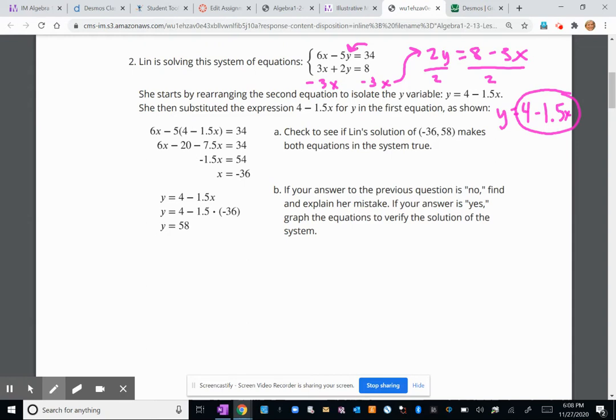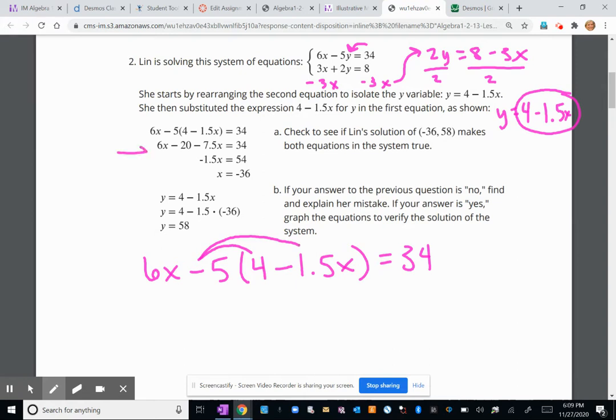So when she substitutes 4 minus 1.5x in, she has 6x minus 5 times 4 minus 1.5x equals 34. And right here in the next step, she multiplied the negative 5 by the 4, and then she multiplied it by the 1.5x, but she forgot that the 1.5x was a negative 1.5x.